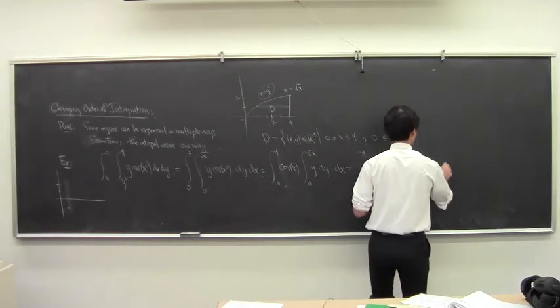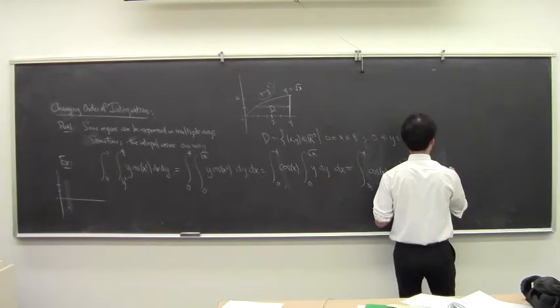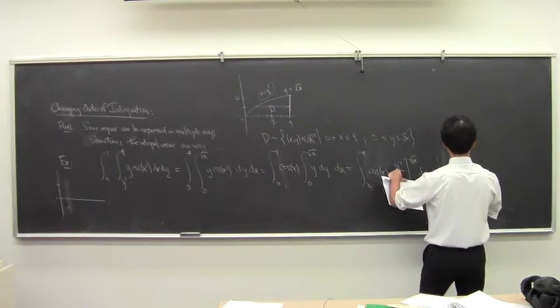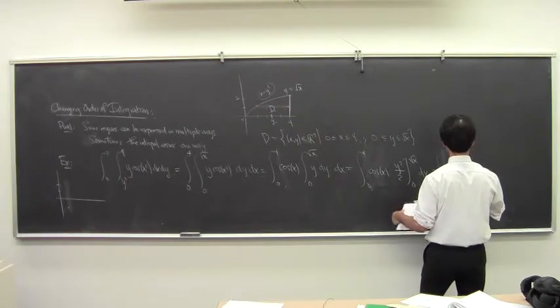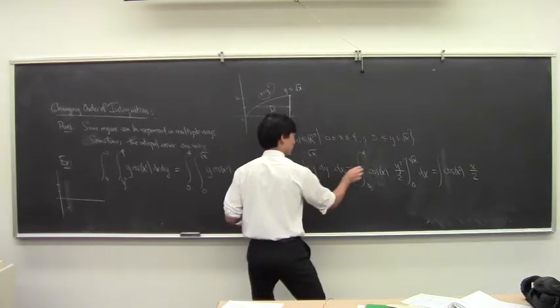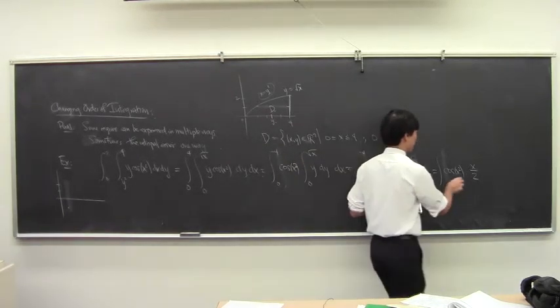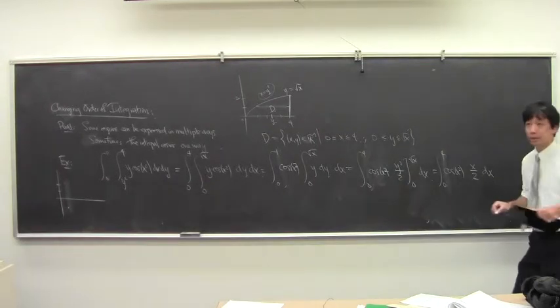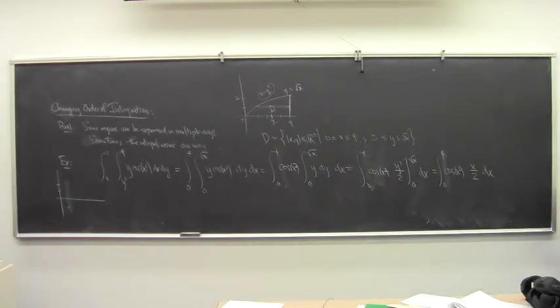So we get cosine x squared, and here we get x over 2 minus 0, which is good. X squared, sorry. X cosine x squared, from 0 to 4.